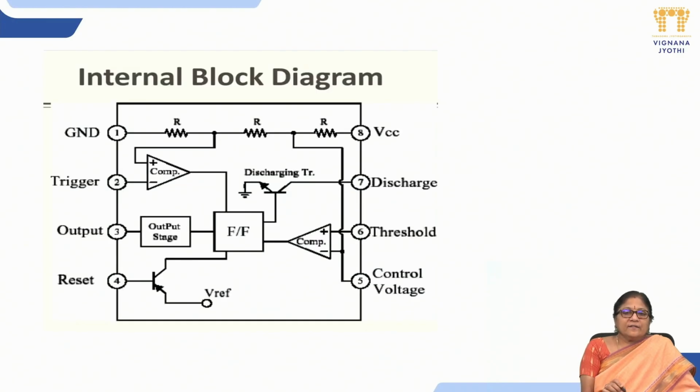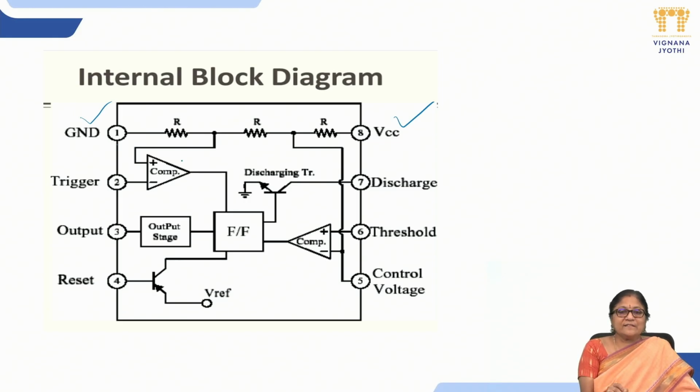Once again, the internal diagram is exactly connected according to the pins. You can see between pin ground 1 and pin 8, 3 resistors are connected so that they produce 2 thresholds, known as upper threshold and lower threshold, to start the capacitor charge and to reverse its direction into the discharge.